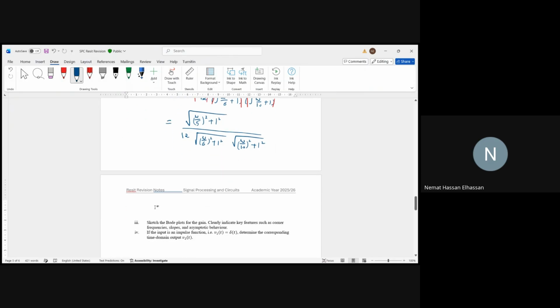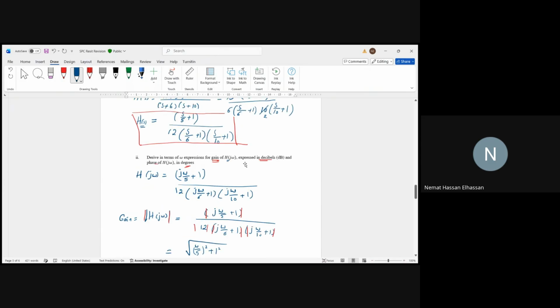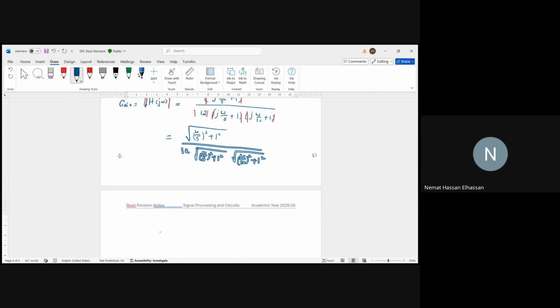But the question was not just to find the gain, it says find the gain in decibels. So we know that gain in decibels is equal to 20 log of the gain.